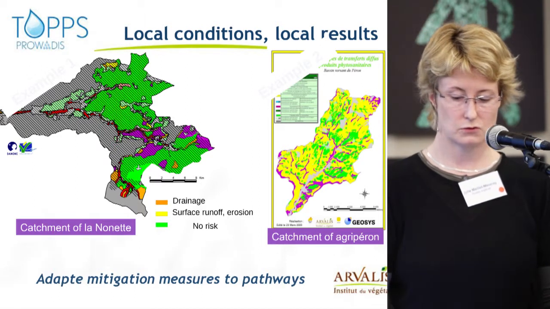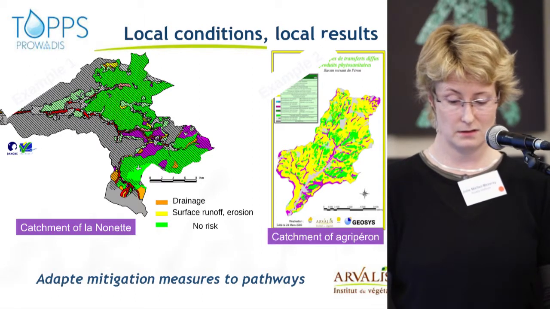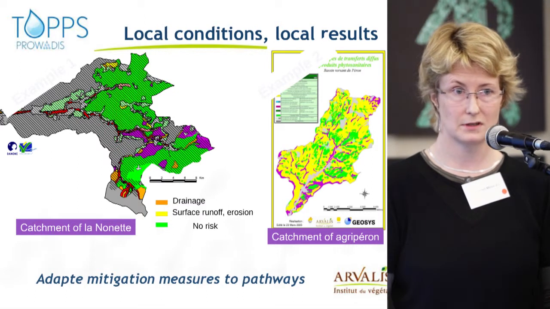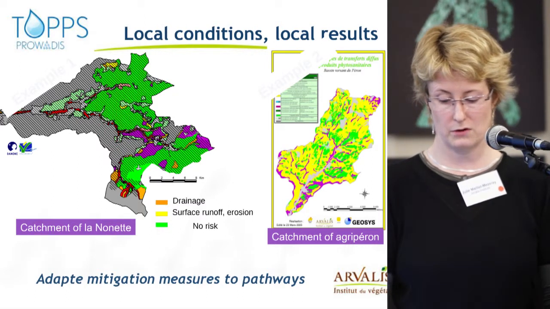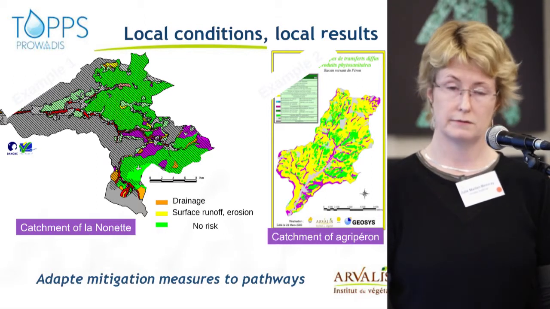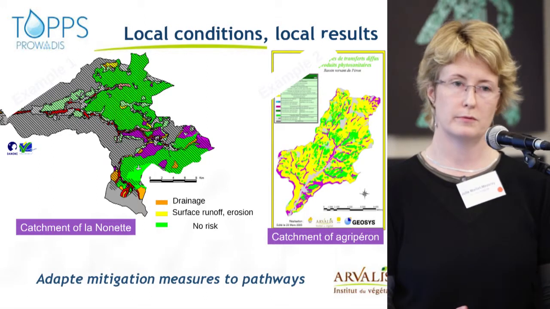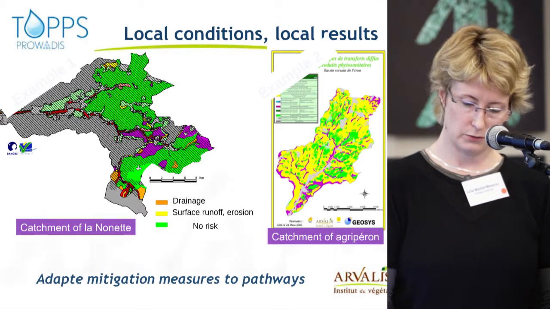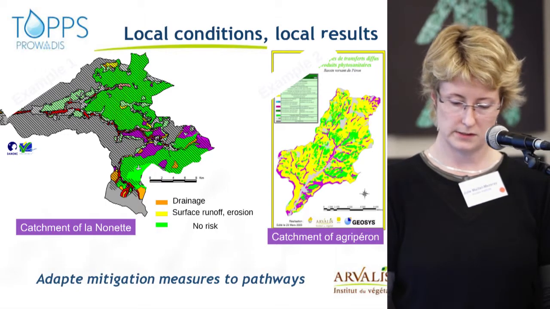Water transfer of pesticides regarding different water pathways is represented in color. The orange one is drainage, the yellow one is surface runoff and erosion, the purple one is surface runoff only, and the green one is no risk.